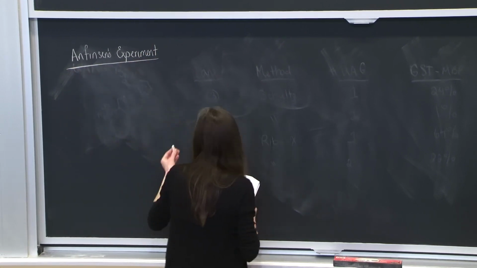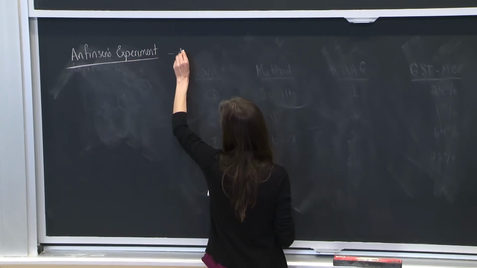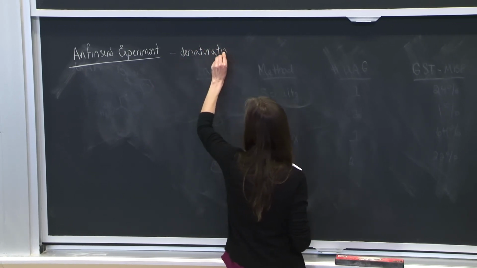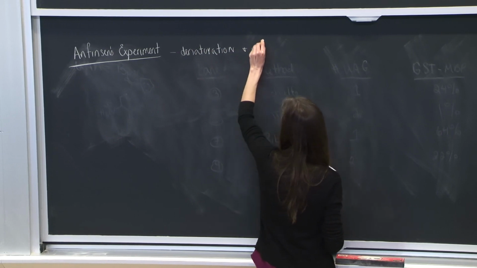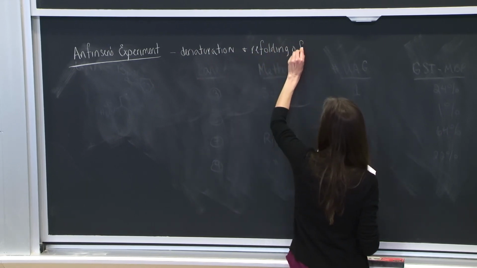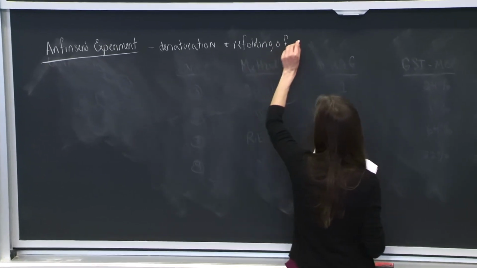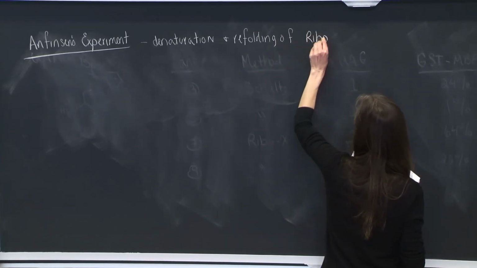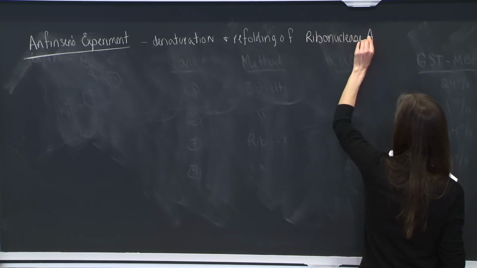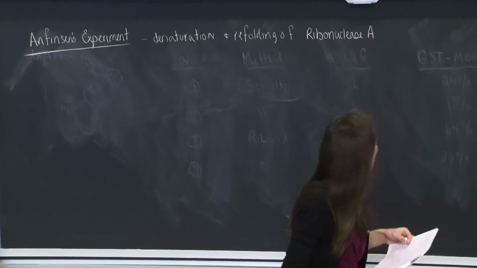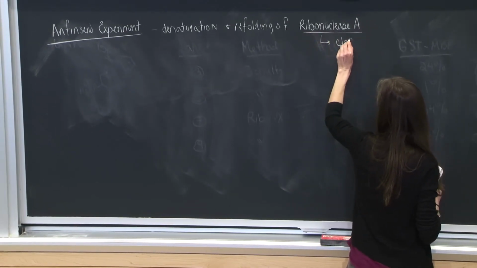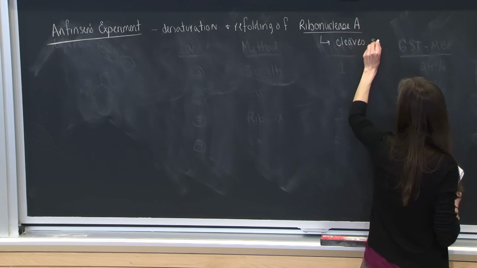So what was the experiment Anfinsen did to probe this? What he did is look at denaturation and refolding of ribonuclease A. This enzyme cleaves single-stranded RNA.